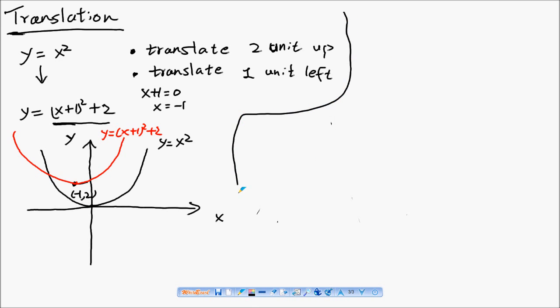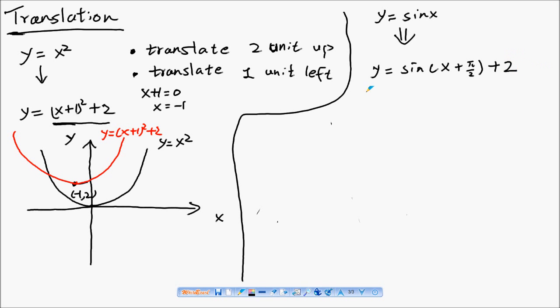If I'm going to transform y equals sine x to y equals sine (x plus pi on 2) plus 2, when we see plus signs, there are translations.